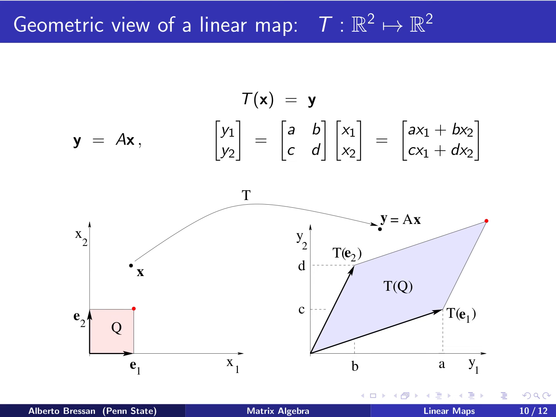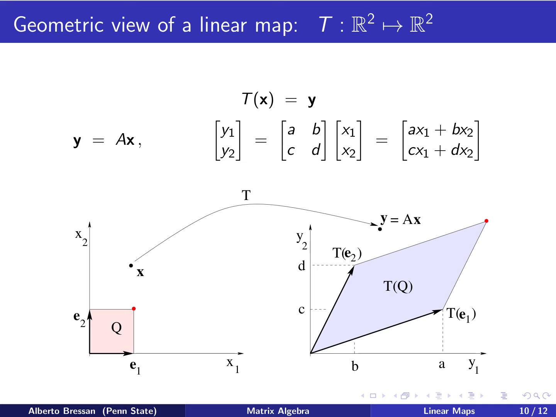Well, we know that the columns will be the image of the unit vectors. So let's look at the unit vector E1. We know E1 will be mapped into the first column, so a and c. Then we can find the position a and c. Let's say it's here. So this one now becomes the image of E1.